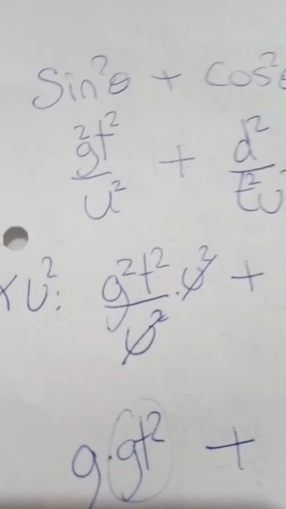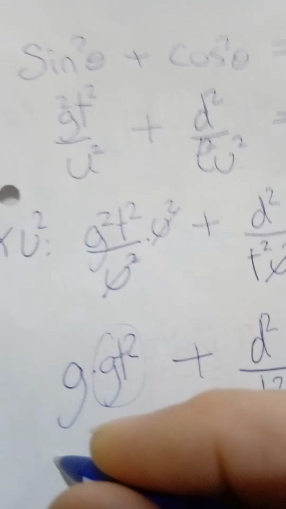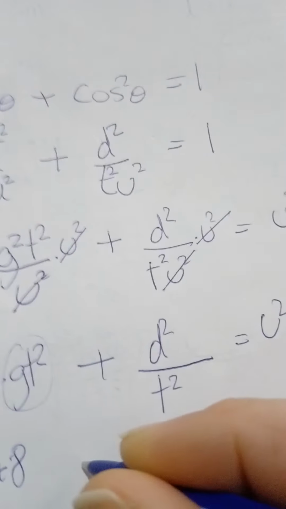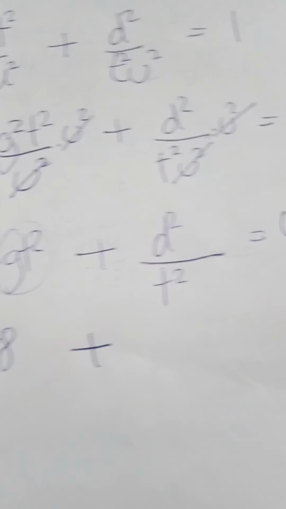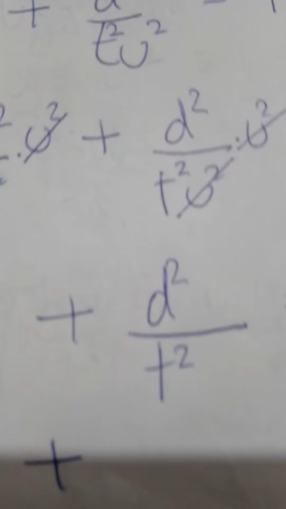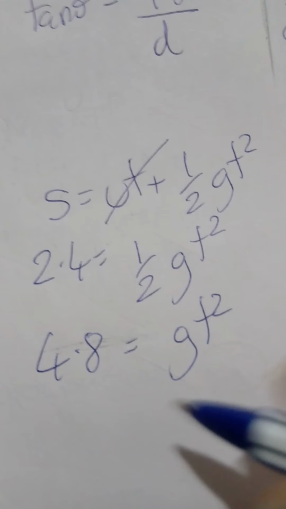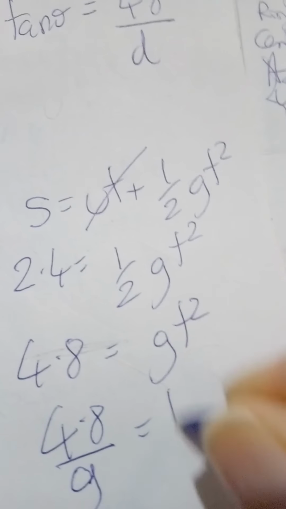Here, instead of gt squared, I'm going to substitute and put 4.8, and we'll get g times 4.8 plus d squared over t squared. Here I'll substitute 4.8 over g equals t squared. That will substitute over here.